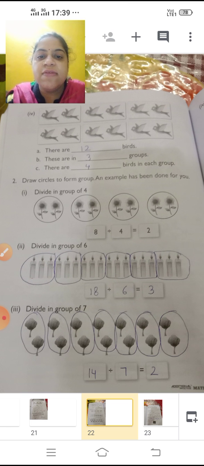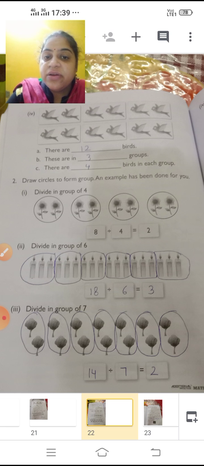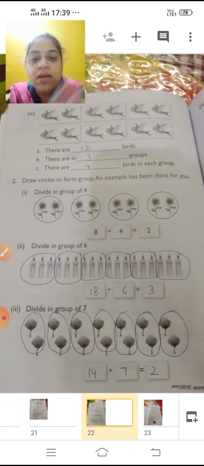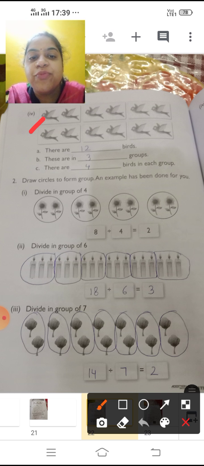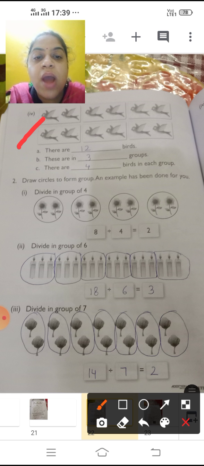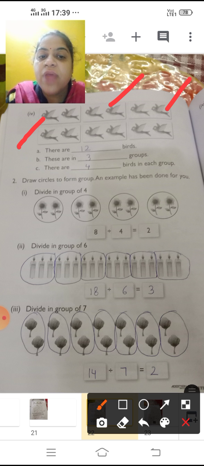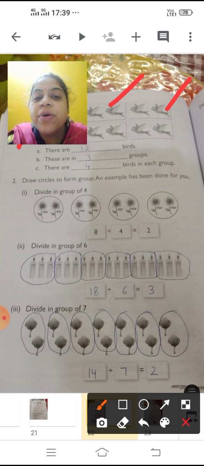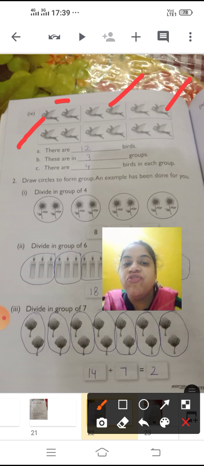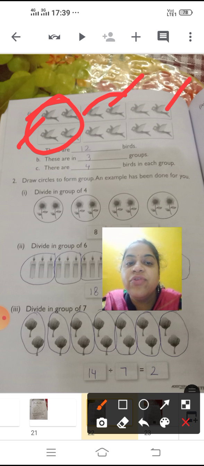Now, look at this. There are dash birds. First, we see the groups. How many groups are there? 1, 2, 3. 3 groups and 4 birds in each group: 1, 2, 3, 4.